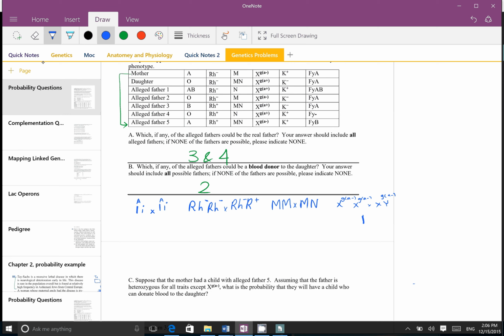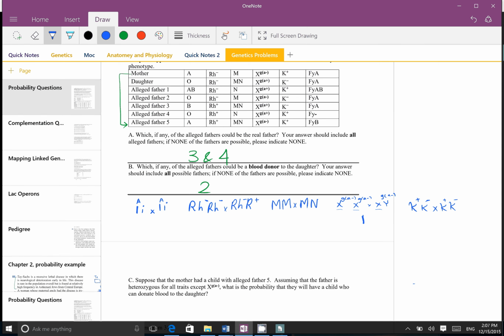It's obviously 1 because all your X's here are the same, so technically regardless of whether they get a son or daughter, they're all going to carry the same X-linked gene, which is Xga minus. And then when I look at K, the mother is heterozygote because she gives the daughter the K negative. The father is by default heterozygote.